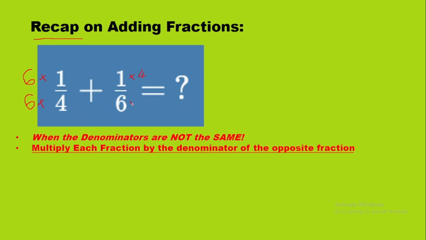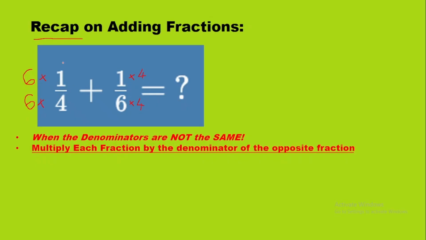And remember, both the top and bottom part of the fraction must be multiplied by the same number. So each fraction is being multiplied, both the top part and the bottom part, by the denominator of the opposite fraction.